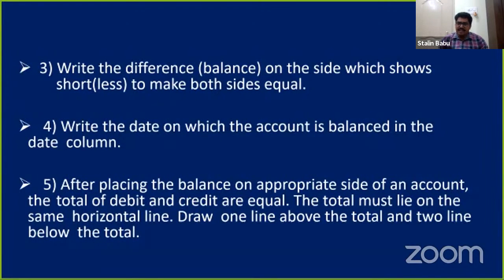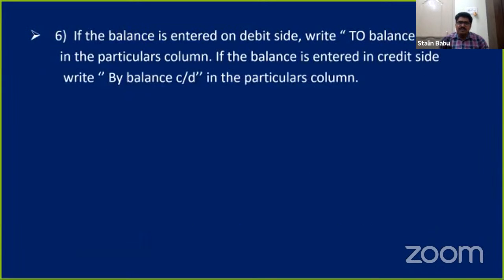So after writing the 100 on the credit side, both sides are 500. The total must lie on the same horizontal line. We draw one line above the total amount and two lines below the total amount. Let us see one example, then you can easily understand.